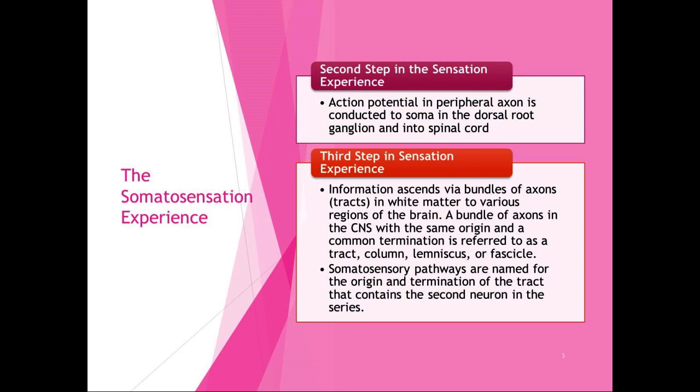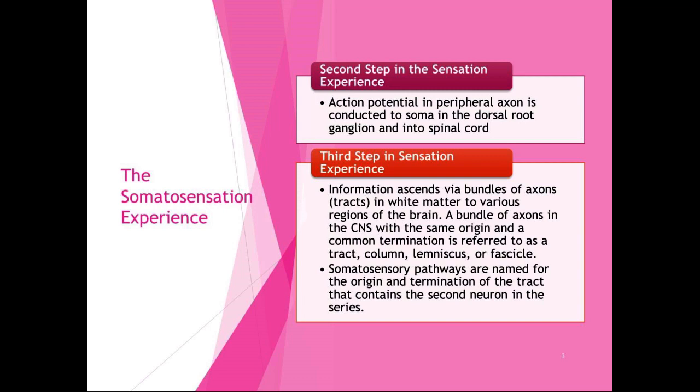So it's a superhighway, going from the periphery to the central nervous system, or from the central nervous system to the periphery. The afferent pathways, somatosensory pathways, of course, are going from the periphery to the central nervous system. Somatosensory pathways are named for the origin and termination of the tract, and the tract contains the second neuron in the series, so it's a 3-neuron series.